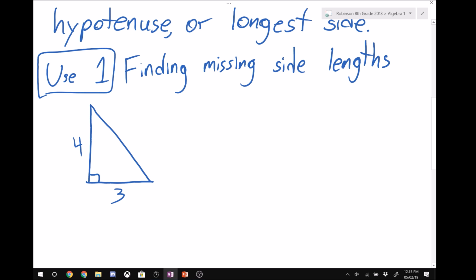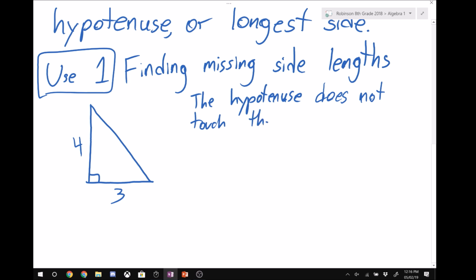Now we're going to make a note here that the hypotenuse, which is c, which is our longest side, does not touch the right angle.